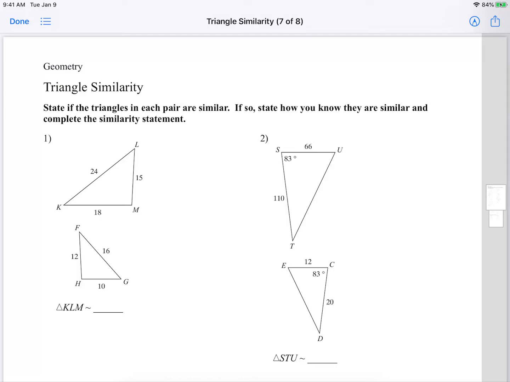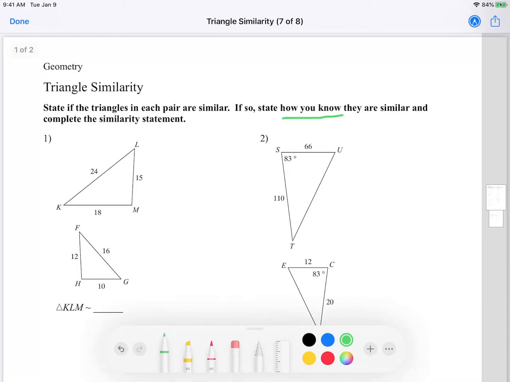So we're going to state whether these triangles are similar, and if they are, we're going to complete the similarity statement, and tell which of the 3 theorems or postulates we used. Remember, how you know, we have angle similarity, side similarity, or side similarity. Okay?